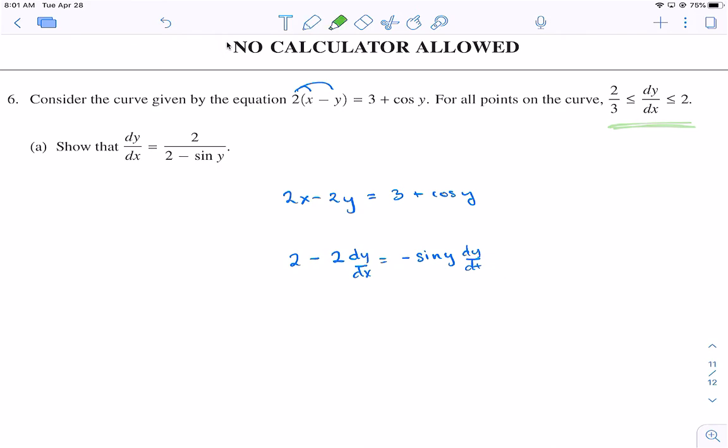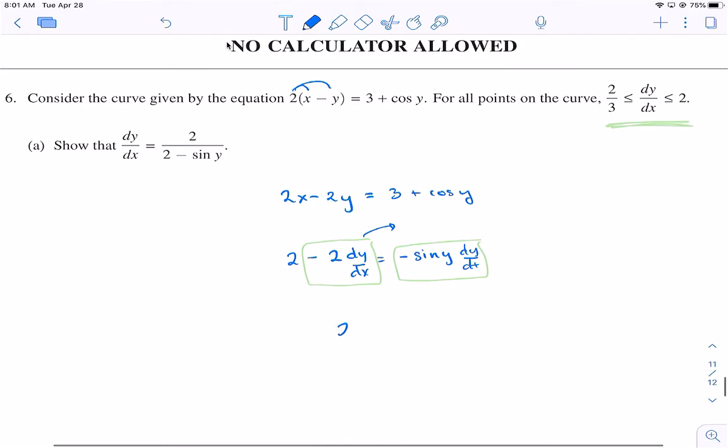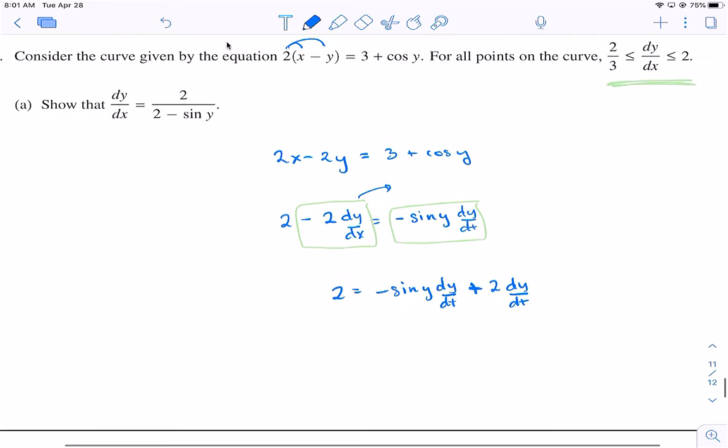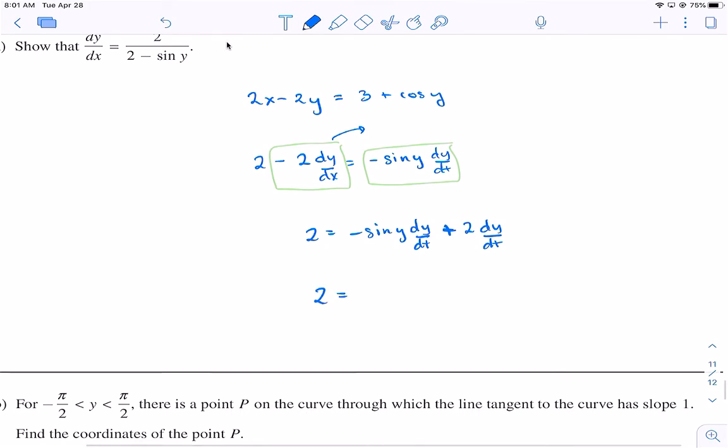I want to get my dy terms together, so I'm going to add this one over. When I move this one over, I'm going to have to add it. So I'd have 2 equals negative sine y dy/dx, and I'm adding over a 2 dy/dx. And then I would factor out the dy/dx, so 2 equals dy/dx times negative sine y plus 2.